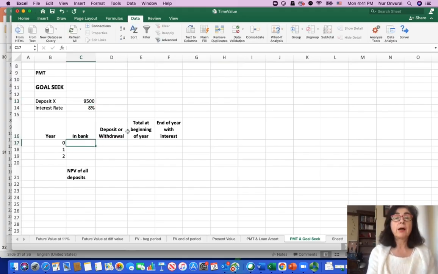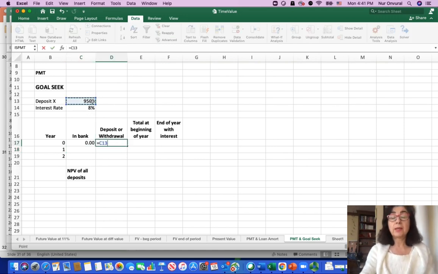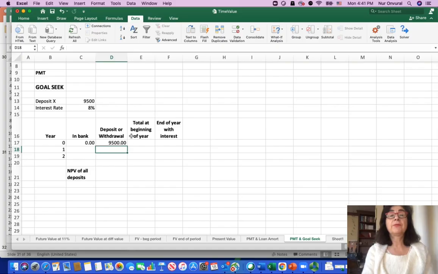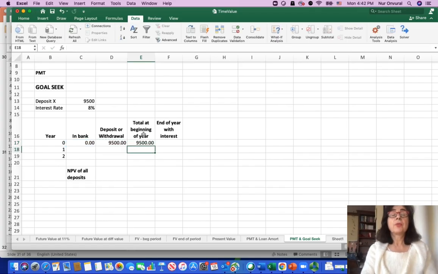Then we are going to create this table where we know that he has $0. Then he deposits this amount, which is $9,500, and we can add what he had plus what he deposited to figure out the total amount at beginning of year.